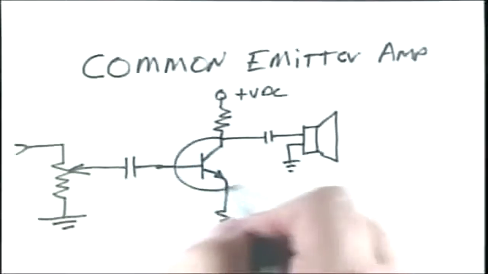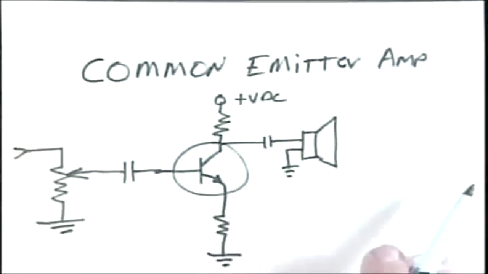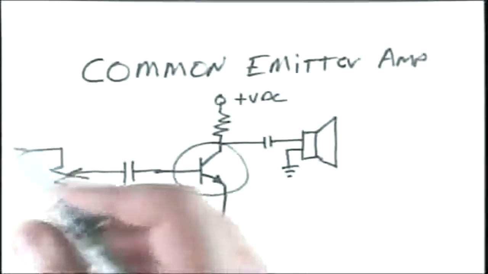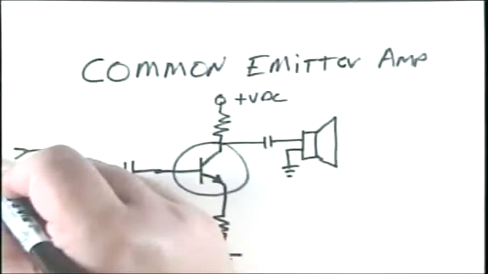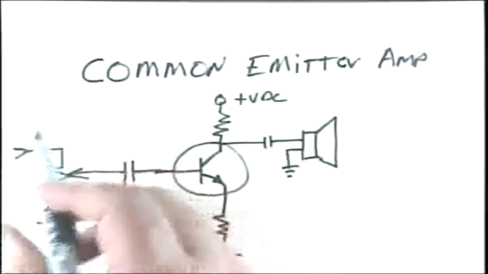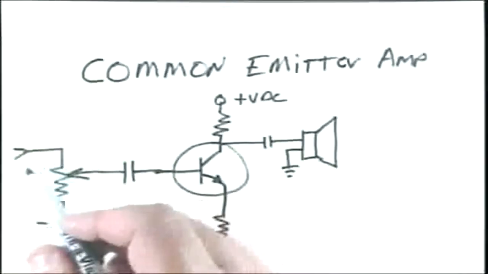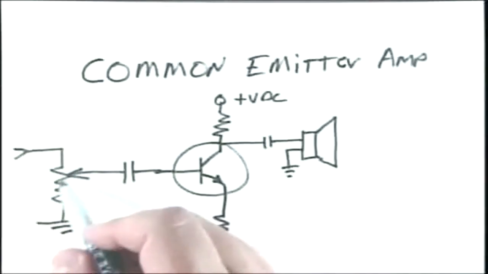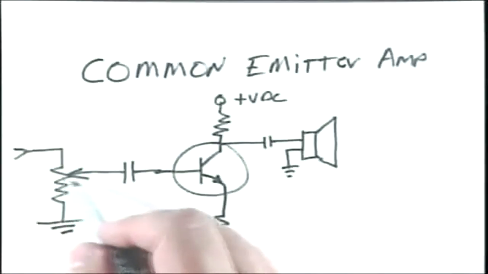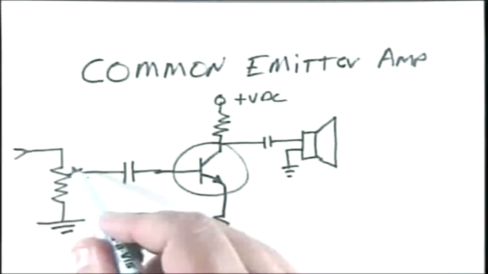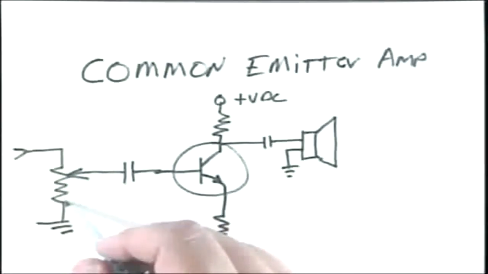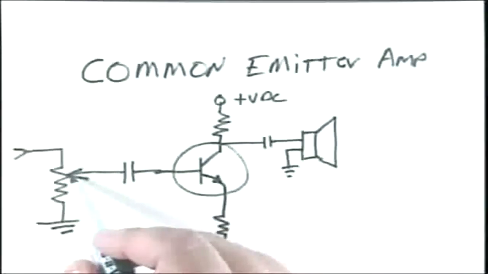Here's a common emitter amplifier. We've got an input signal that could be an audio wave coming from a preamplifier. It is dropped across this resistor. This is a variable resistor, and it's a volume control. Depending on where this wiper arm is tapping on this resistor, the signal level is fed through to this capacitor.